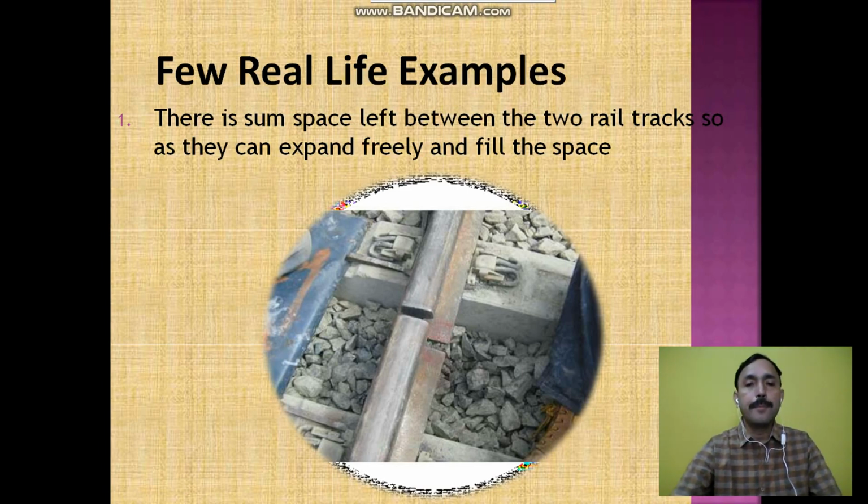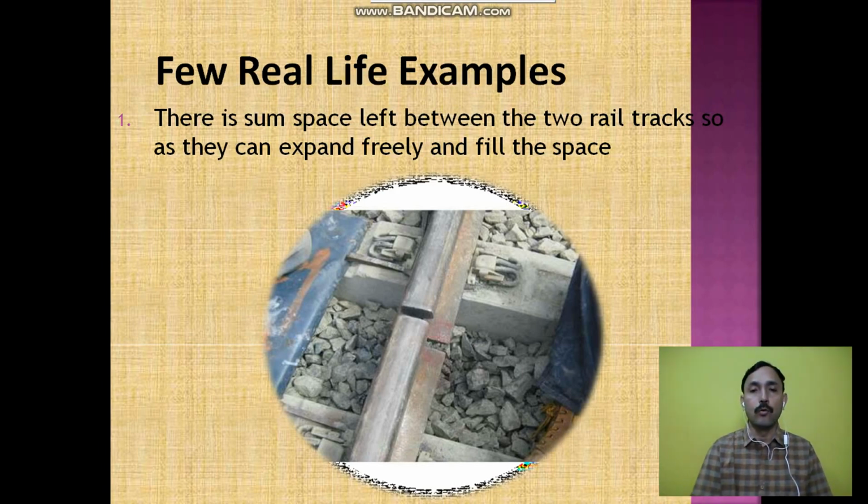Now, the temperature in different seasons is different. To cope with the expansion at different temperatures, this space is given between the two metallic rods, so that with the increase in temperature, that means in summer, they can expand freely and fill the space.